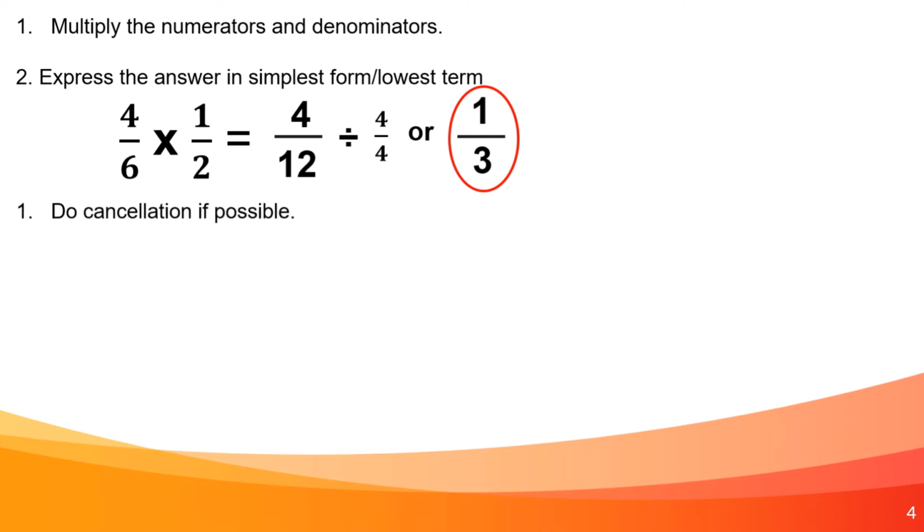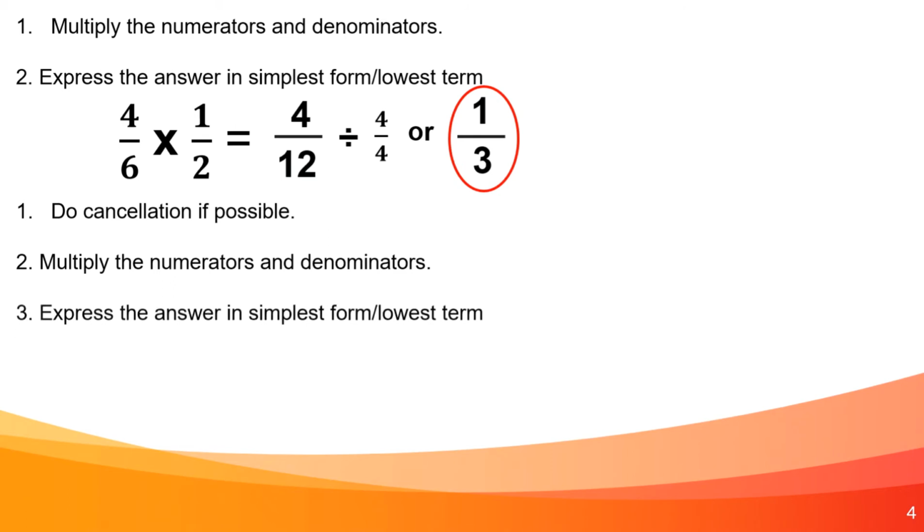Okay, so merong isang way na pwede siyang maging shortcut ng multiplying fraction by doing cancellation. So, ang first step is to do the cancellation. Next is multiply the numerators and the denominators, and then express the answer in simplest form in lowest term. So, gamitin natin yung same fraction, 4/6 times 1/2. So, cancel natin yung numerator ng first fraction natin and denominator ng second fraction natin. So, 4 at 2.